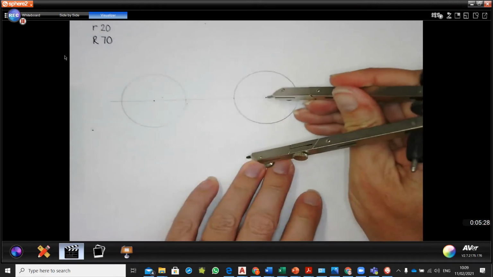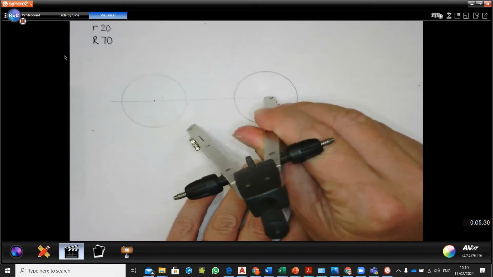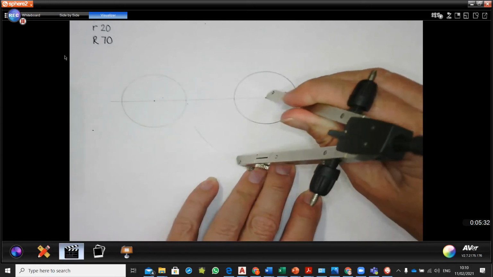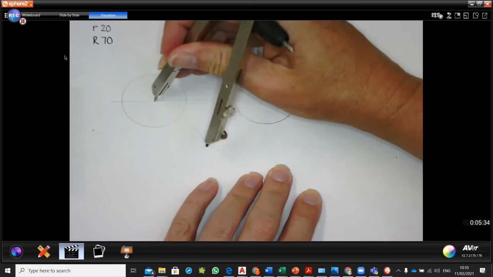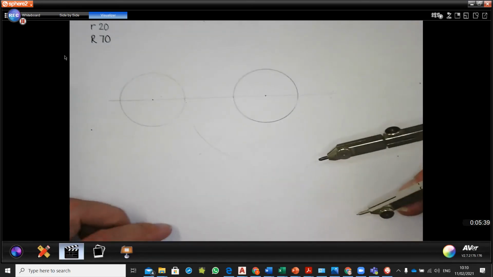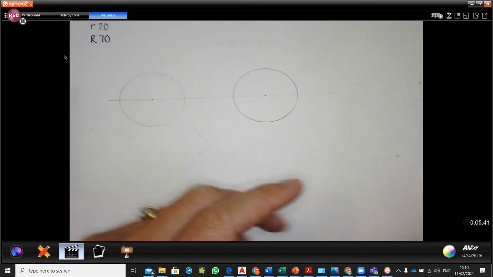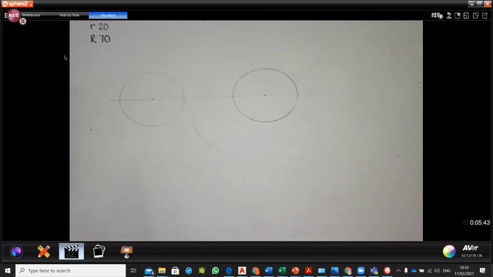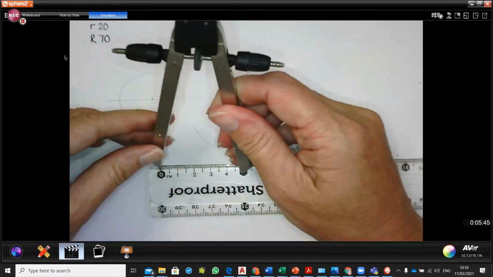And I'm going to go to the center of my circle and mark off. I then go back to my ruler and I measure 70.